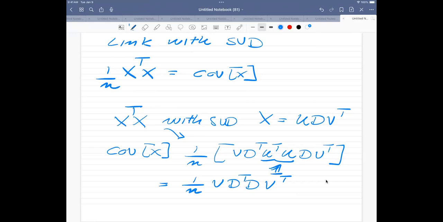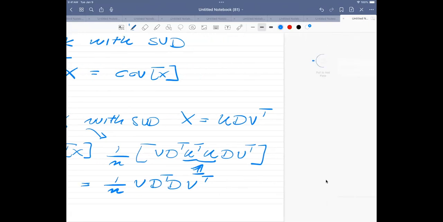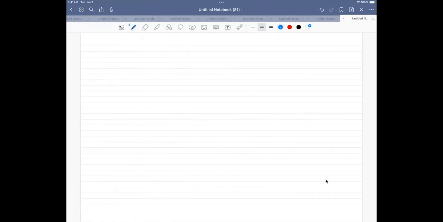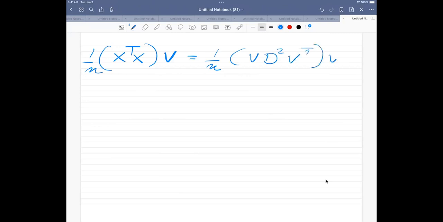Now, we have a matrix V, which contains orthogonal vectors. So let's look at this specific matrix. If we think of X transpose times X and multiply it from the right with V, let's keep the 1 over n here. Then we have V D squared V transpose times V. So this is the same as 1 over n of V D squared.